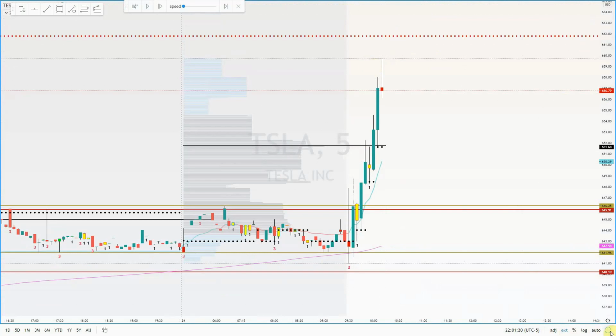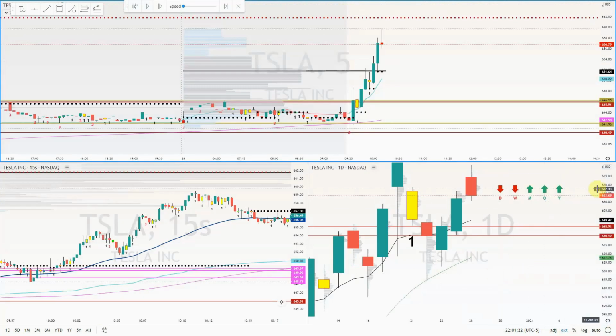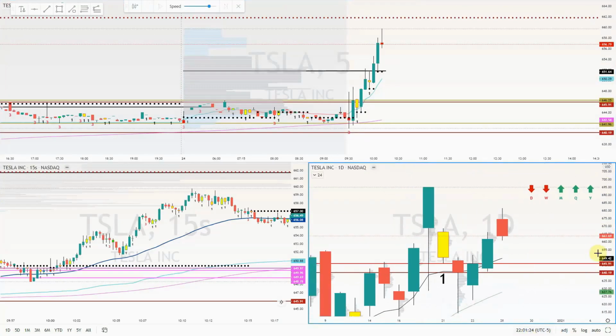And again, just to go back to the daily, as price is moving, sometimes before I'll mark out where my targets are. Oftentimes I can kind of see where I think it would go.